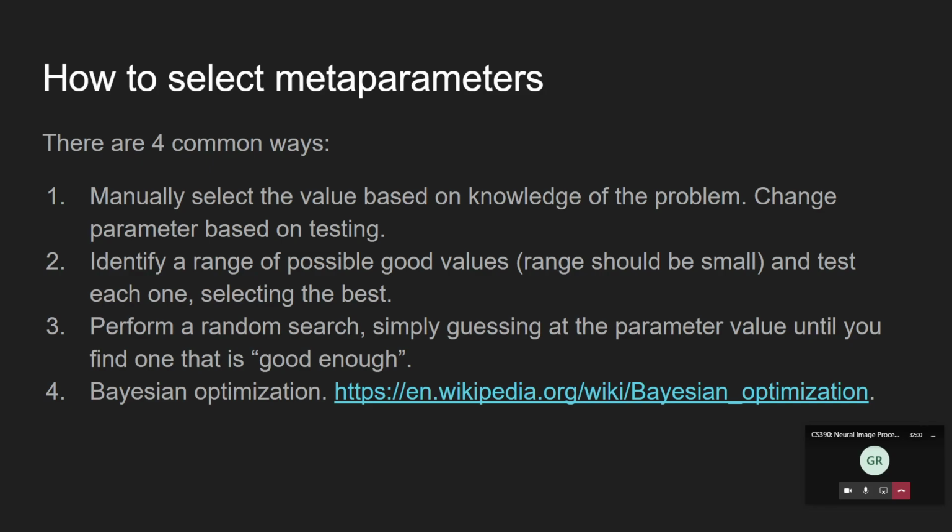You could also identify a whole range of possible good values, basically an extension of part 1, where you just decide this range and test each one on a validation set one at a time until you have a best one, and then you stick with that best one. You could do a random search where you're just guessing through all of them.